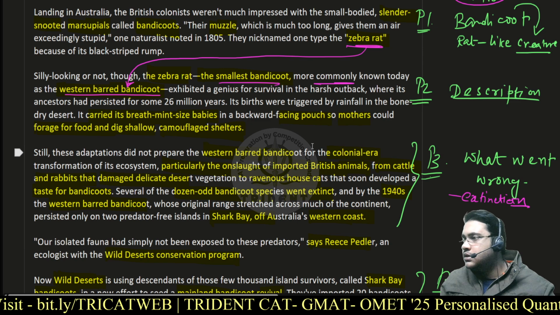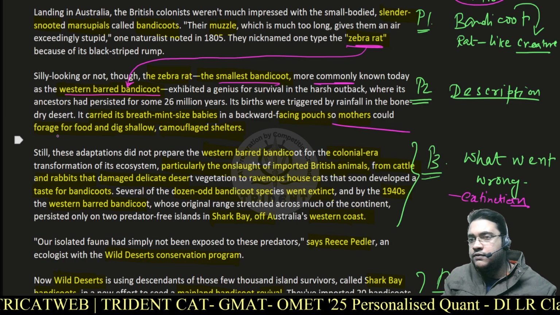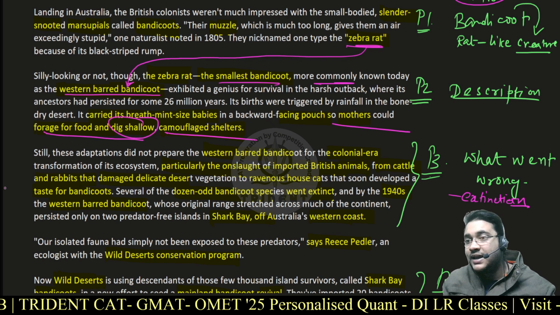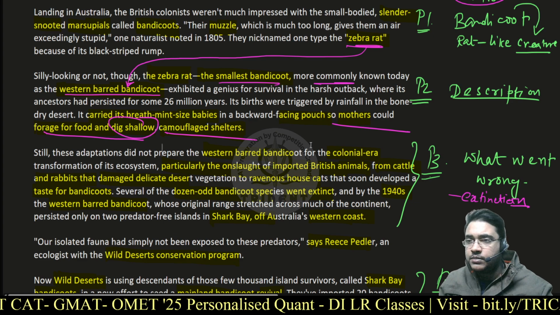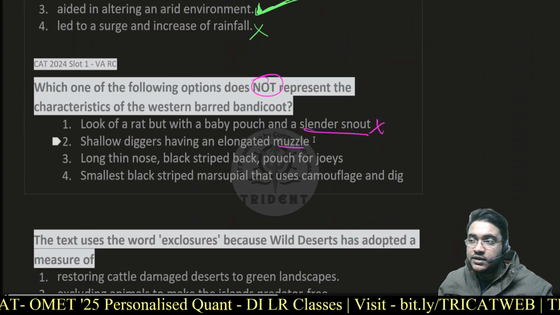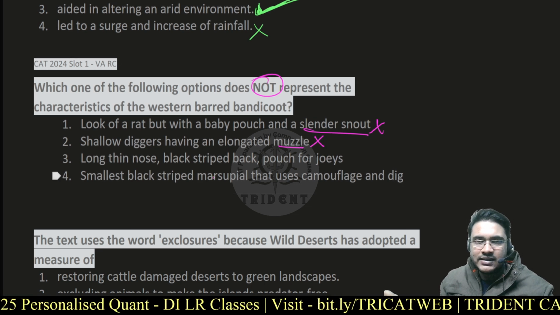This is para number 3. Mothers carrying food, and they dig shallow camouflage shelters. So that is in para number 2 in the description part. So yes, they do indeed dig shallow. They are shallow diggers with an elongated muzzle. So that characteristic goes out of the picture.